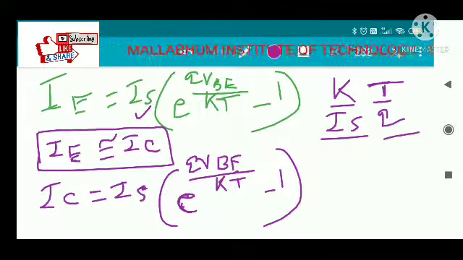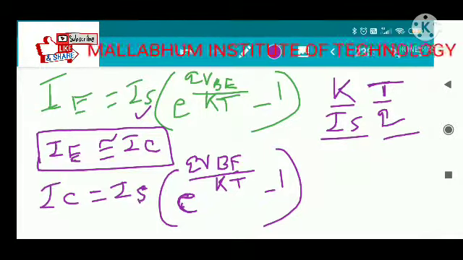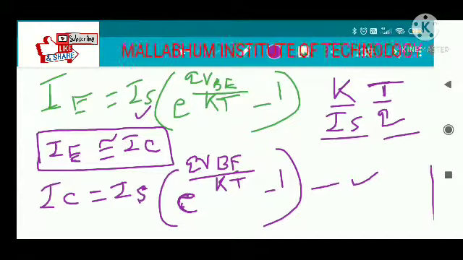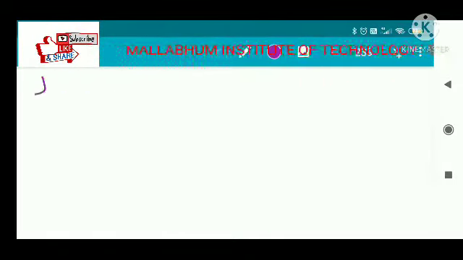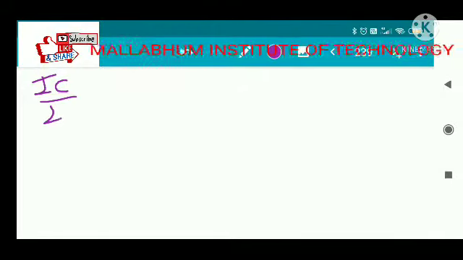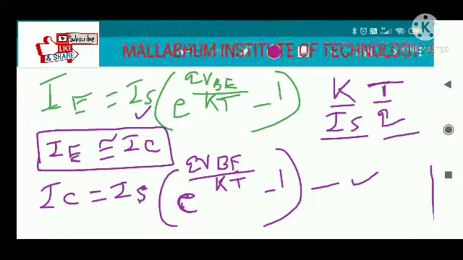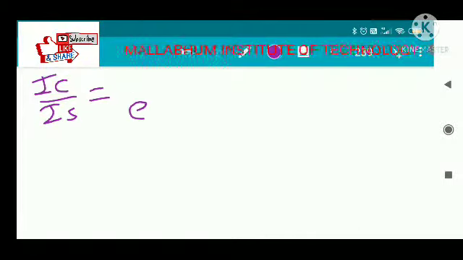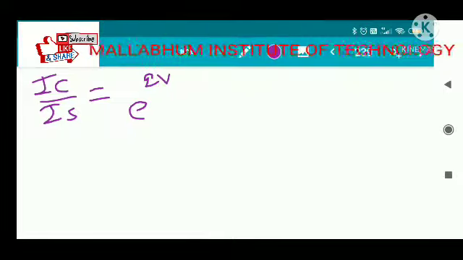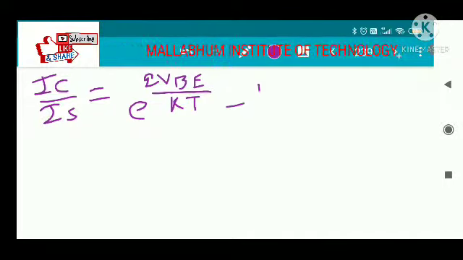Now we are just going to simplify this equation by dividing both sides by IS. So this becomes IC divided by IS, and on this side the IS will vanish, so e to the power Q into VB divided by KT minus 1.